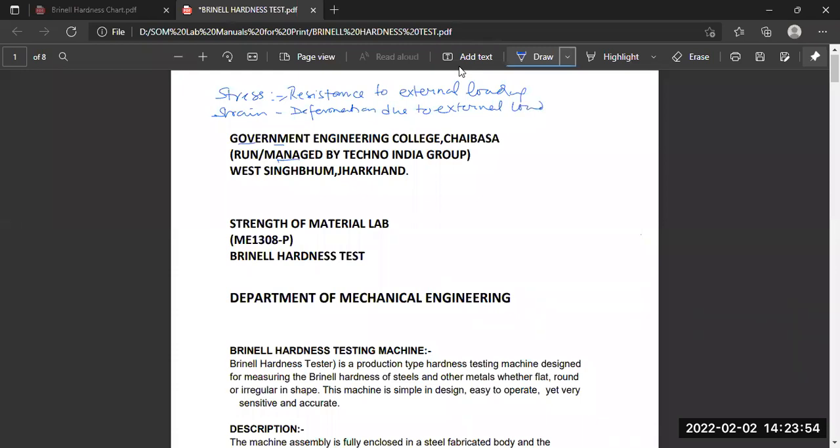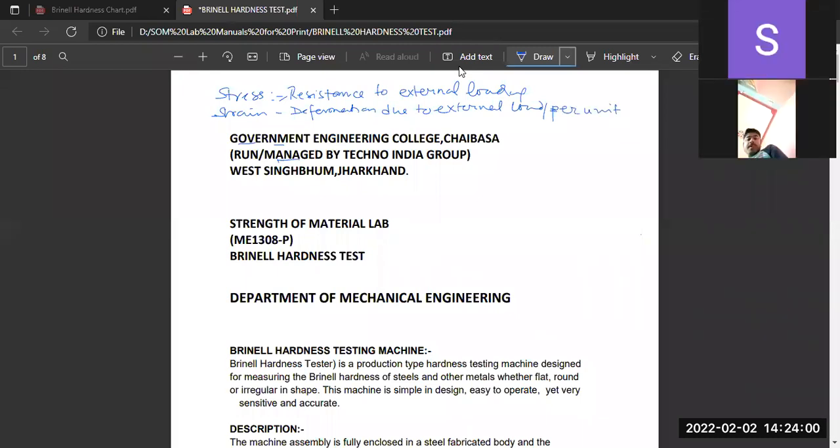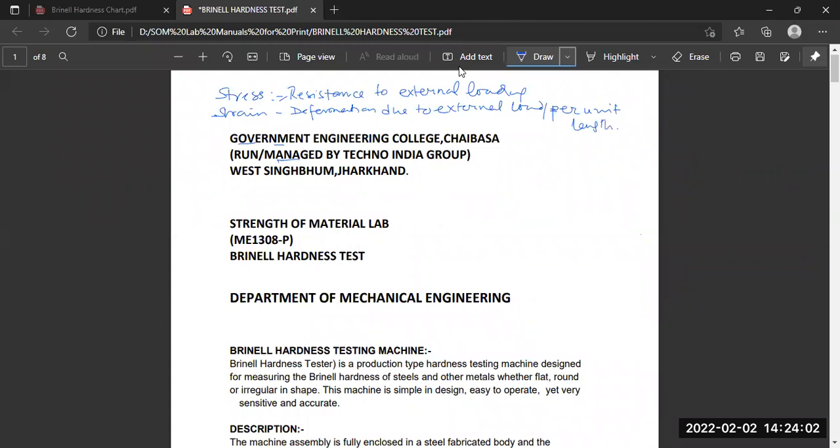It has a more specific definition: deformation per unit length. Say a bar of 1 meter length is subject to a certain load and it deforms a few microns. The strain is defined as those few microns divided by the original length. And stress is defined as the load per unit area. This is stress and this is strain.